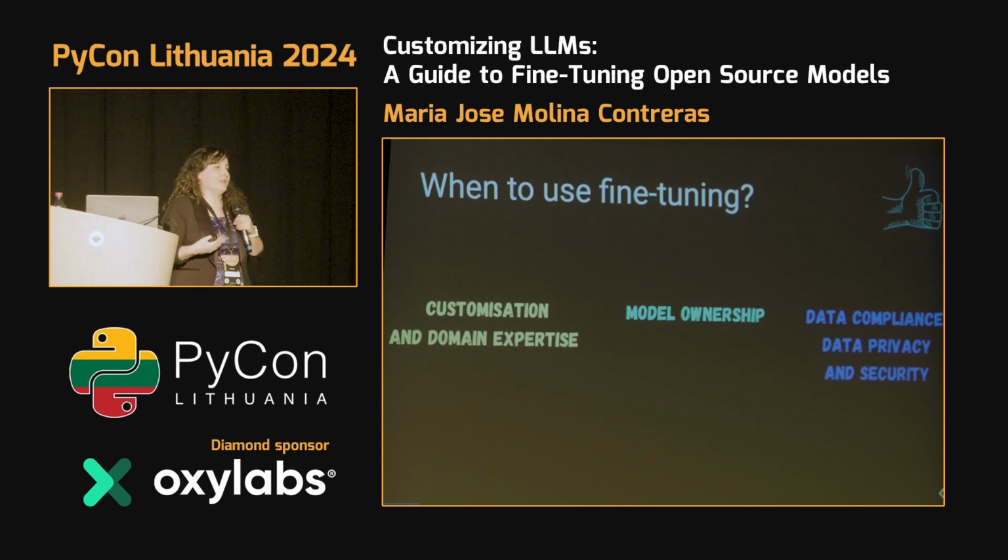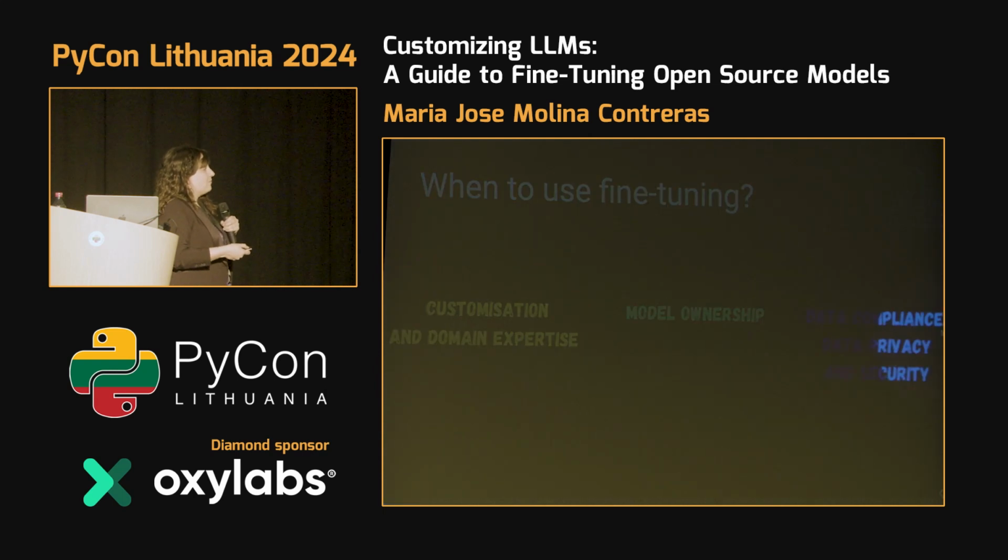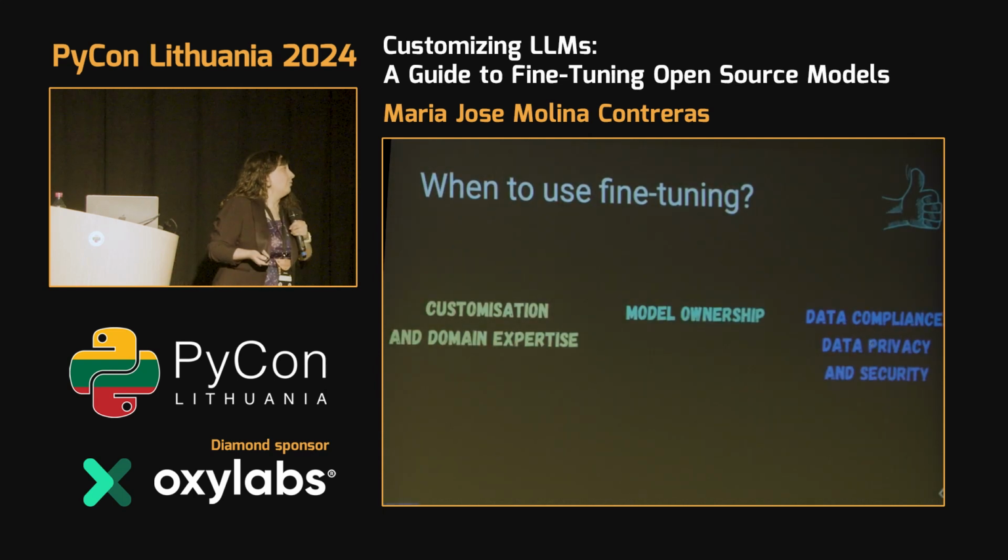And one of the most important to me is data compliance. When you have a case with data privacy and security concerns, fine-tuning is one of the ways to go. However, something is missing here. What about data? Data quantity and data quality. You are going to need both of them to have good results when you want to fine-tune.